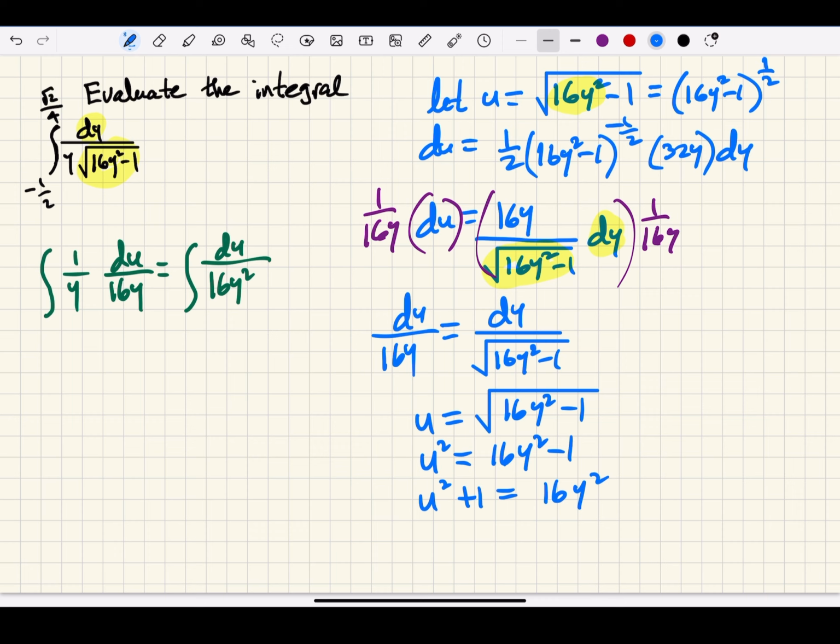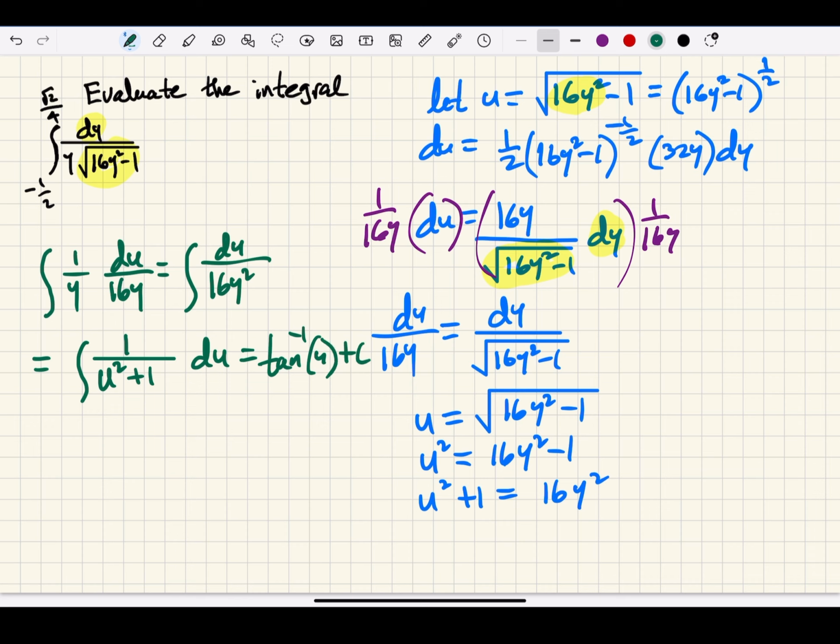Okay, so that's looking to me like I could go back to this integral that I was working with, and I could write this as the integral of 1 over u squared plus 1 du. And I recognize that as the arctangent. So the arctangent of u plus c.